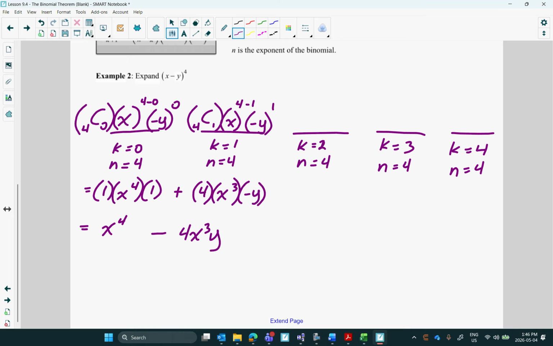The number in front is 4 choose 2. x to the n minus k, 4 minus 2. Negative y to the 2. Well, 4 choose 2 works out to be 6.